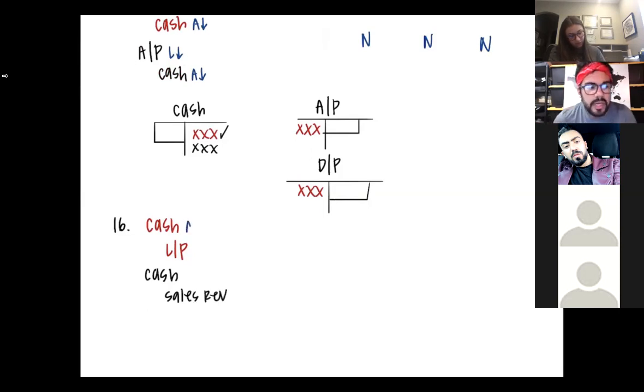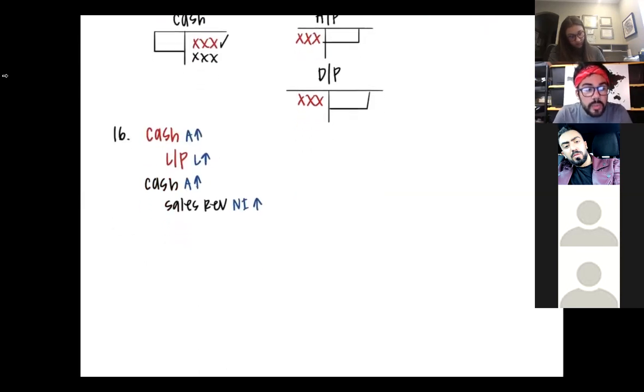So they recognized cash correctly by increasing it. However, they did not recognize it on the credit side. Instead of recognizing it as revenue, they recognized it as a loan payable. So since cash is fine, assets are no effect. What about my liabilities?